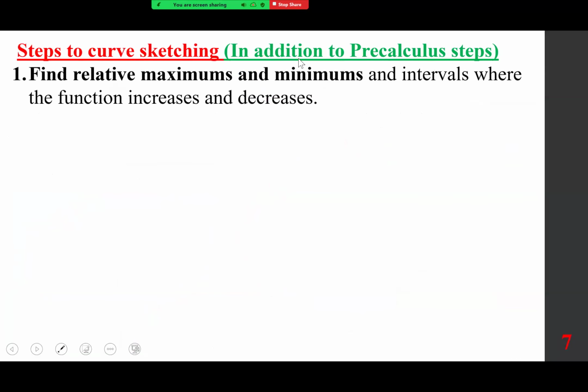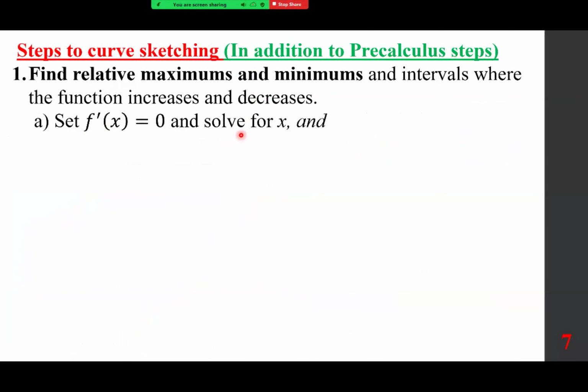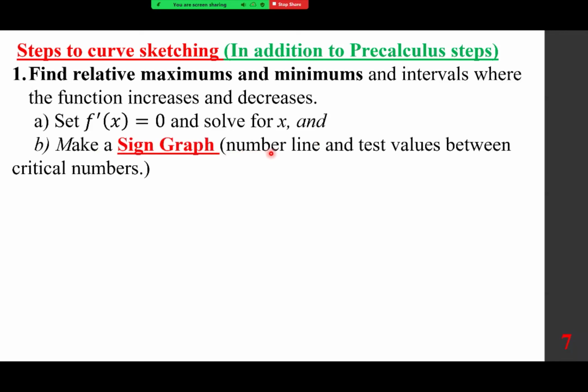So what are the steps in curve sketching in addition to what we learned previously in algebra and pre-calculus? Number one, find the relative maximums or minimums and intervals where the function increases and decreases. To do so, you set f prime equal to 0, solve for x, and make up a sign graph, a number line, and test values between critical numbers.